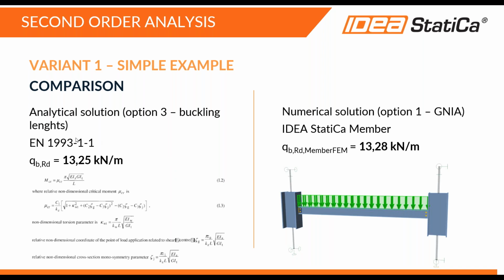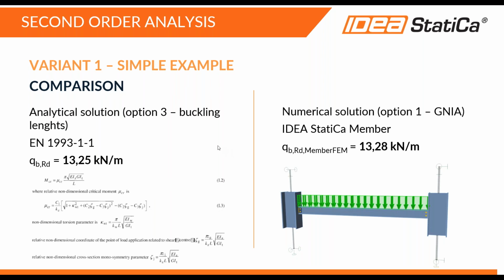On the left, the analytical or hand calculation, and on the right, IDEA StatiCa Member. We've got very similar results. The main message is that this beam loses its stability, doesn't pass the code check, and the values are very similar, right?